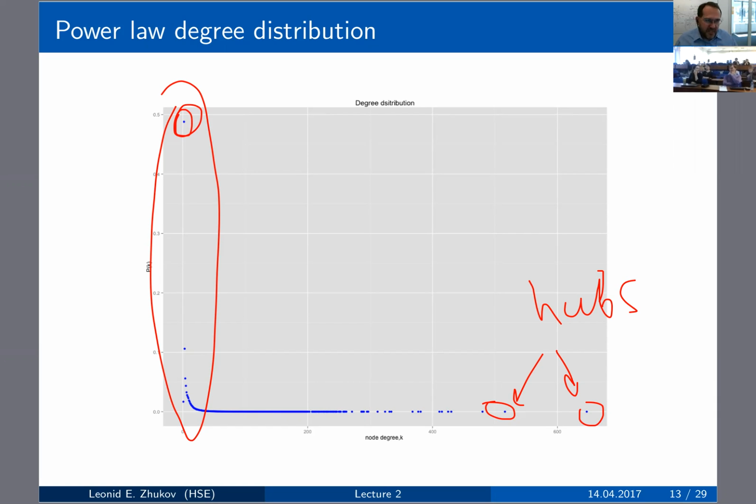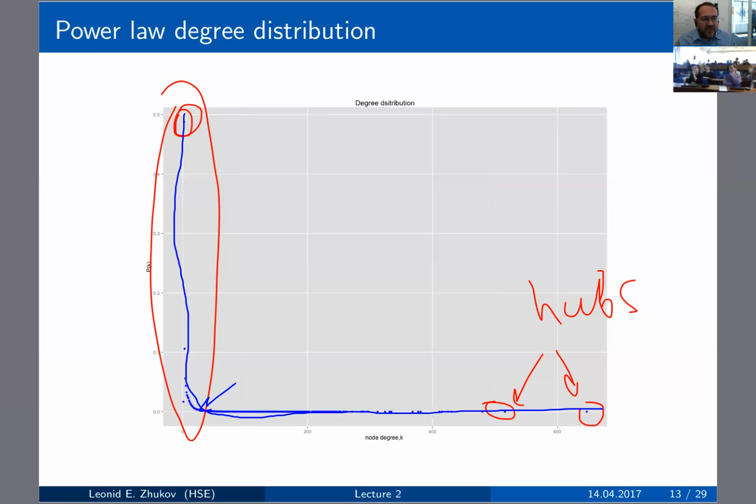It's very hard to see anything on this picture. You would assume that if you wanted a continuous representation of this, it looks something like that, a curve very tightly attached to 0.